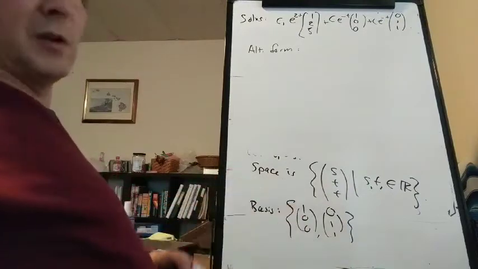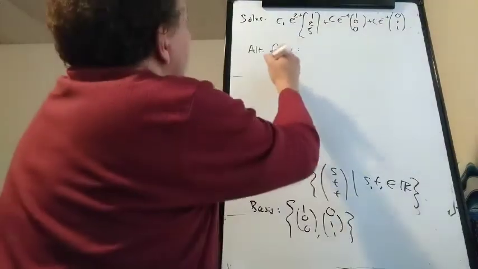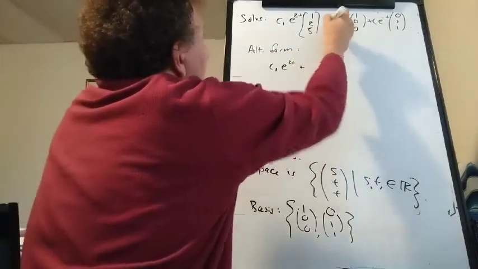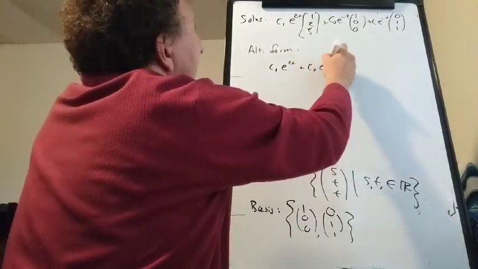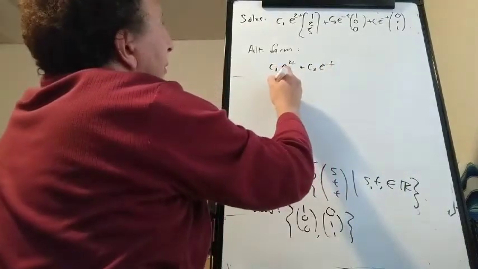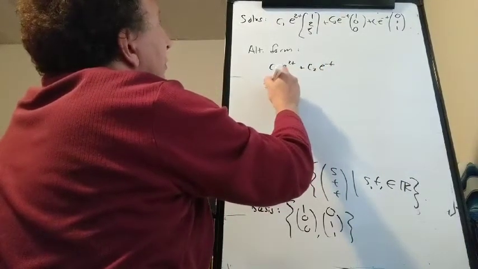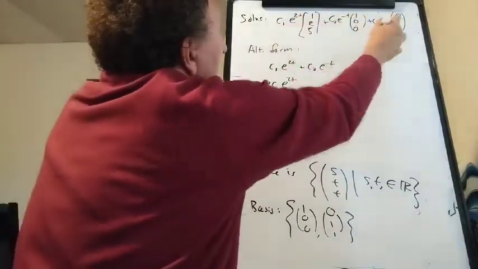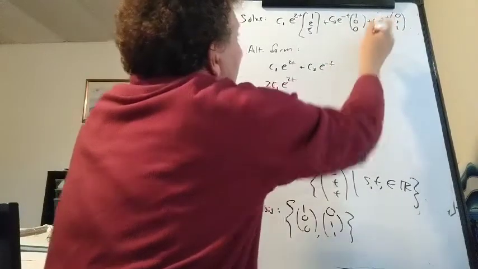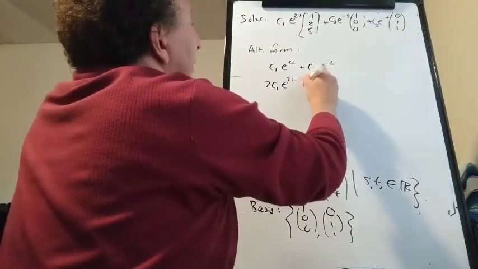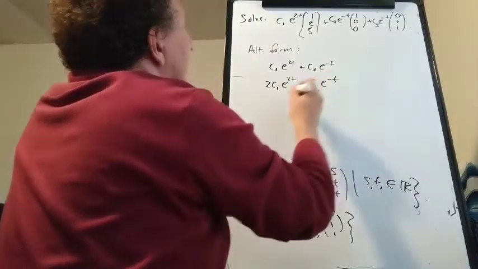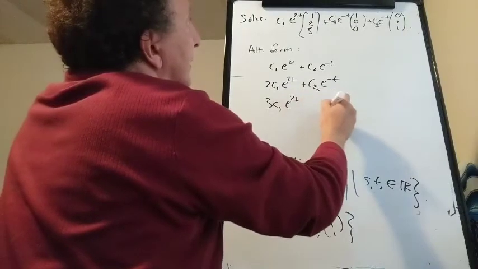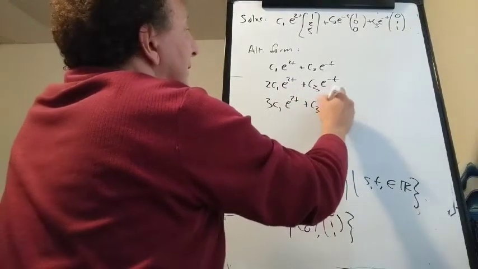Let's write this together as one vector. So this would be c1 e to the 2t plus c2 e to the negative t in the first component, 2c1 e to the 2t plus c3 e to the negative t, and then 5c1 e to the 2t plus c3 e to the negative t.